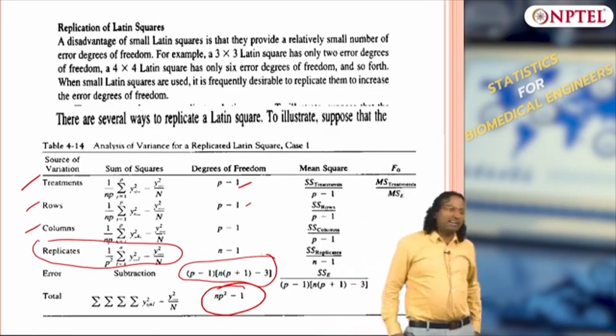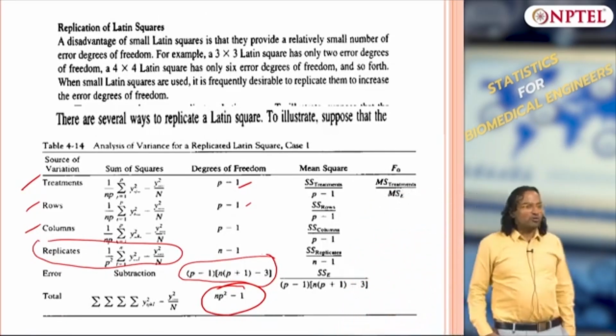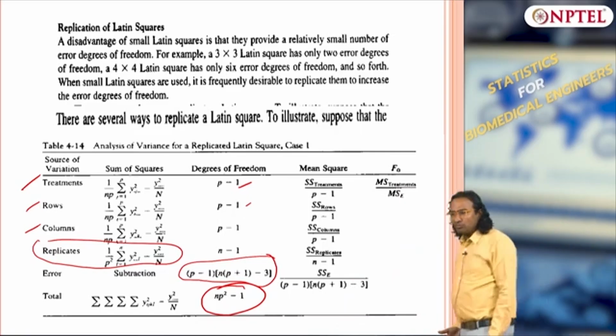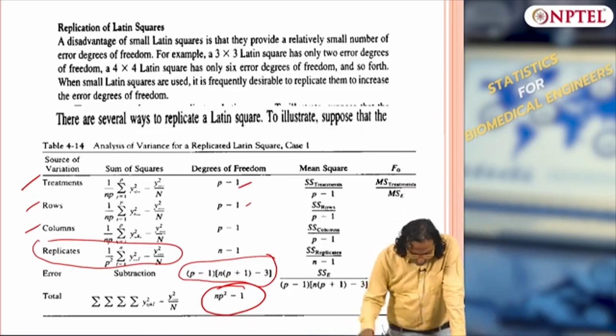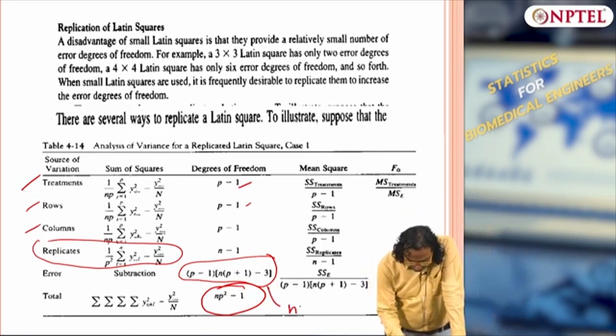And how do I get error degrees of freedom? Simple, n p squared minus 1 minus 3 times p minus 1. How did I get this? It is nothing but n p squared minus 1 minus the degrees of freedom for the other sum squares, leaving the degrees of freedom for sum squared error.